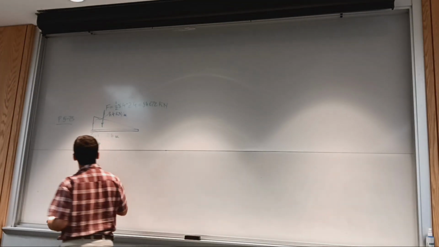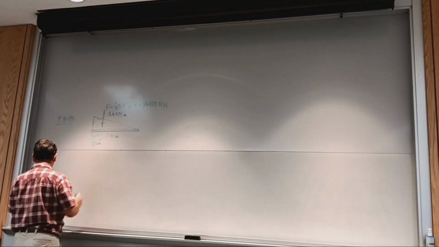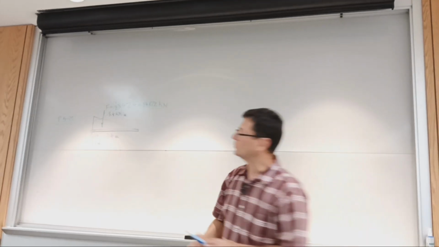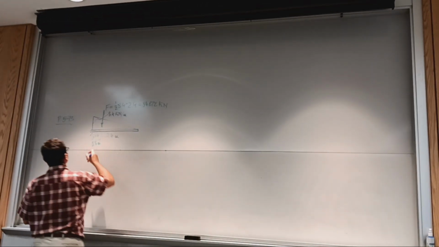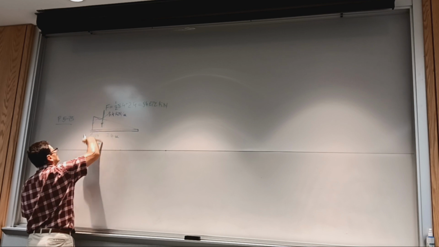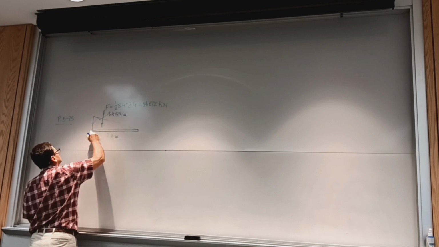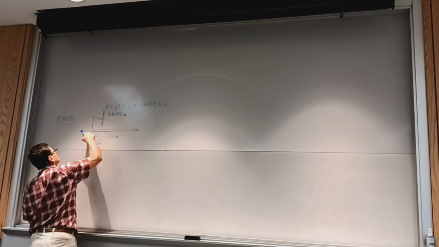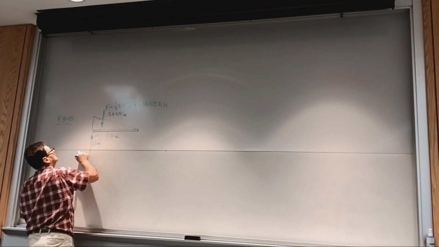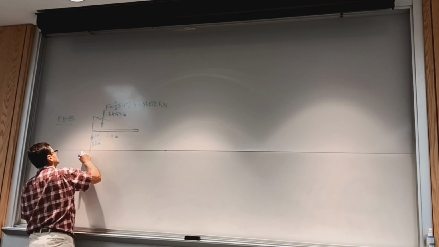Okay, so now we can calculate the reactions of the supports. It's going to be the calculated equivalent concentrated force on one hand, and then we have a moment equal to this force times its arm of 0.8. If I take the support off, I'm going to see a force of 84.672 kilonewtons.